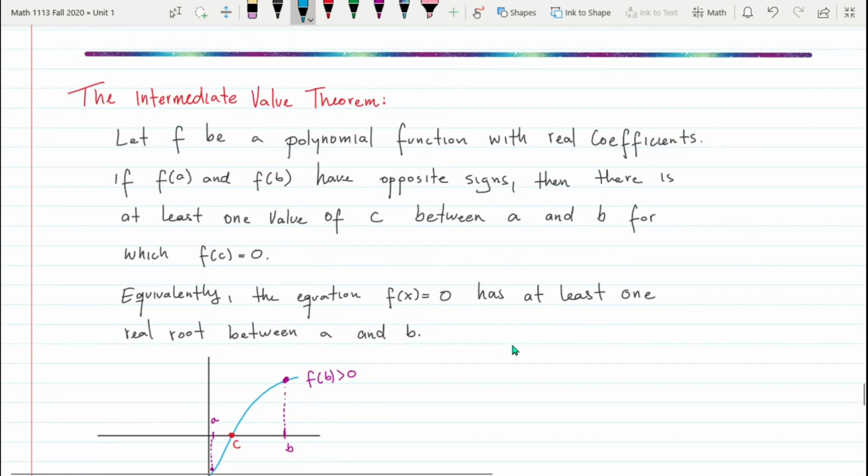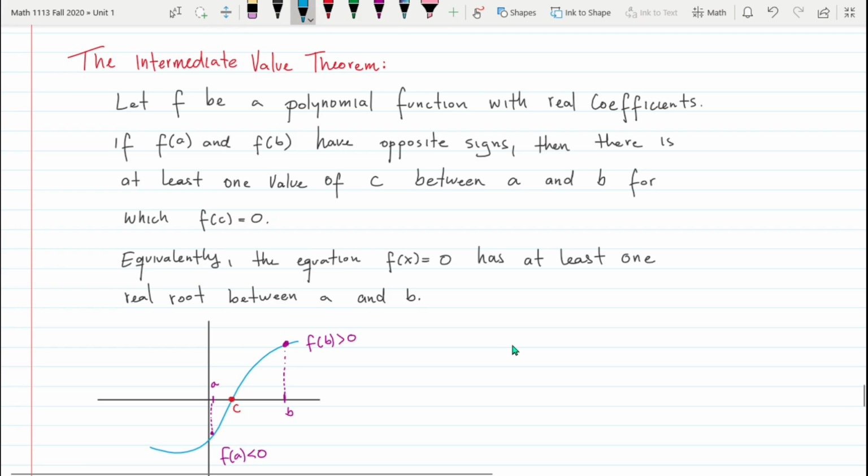Next, we're going to talk about the intermediate value theorem. So the intermediate value theorem just tells us about evaluating points and seeing their signs. So imagine you have a function f, and it is a polynomial function with coefficients.